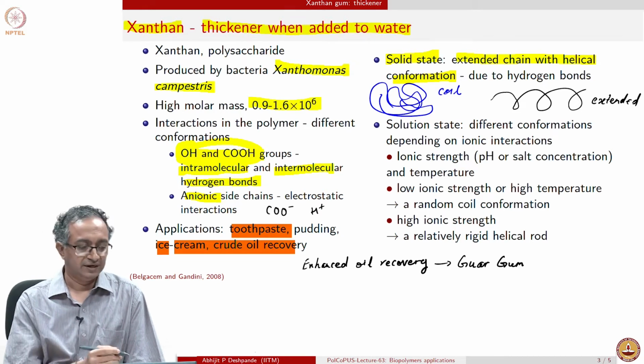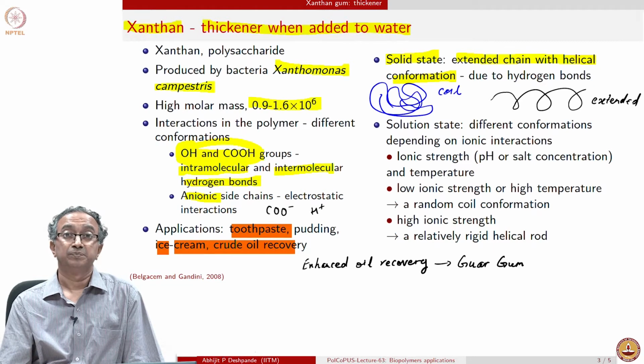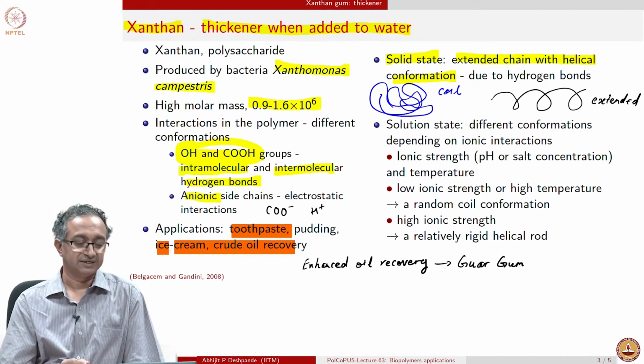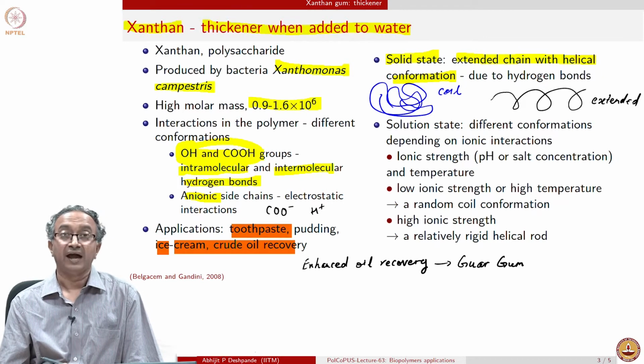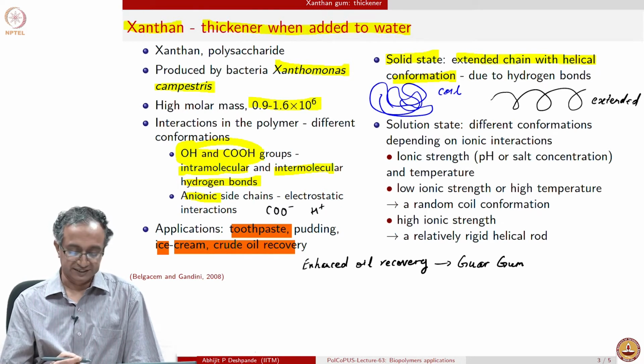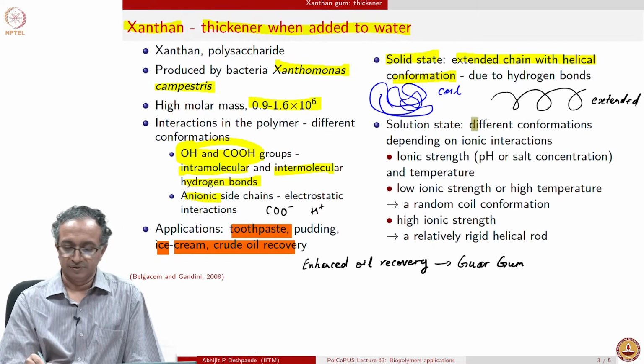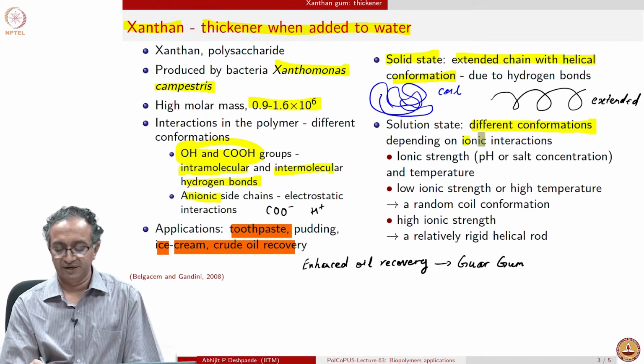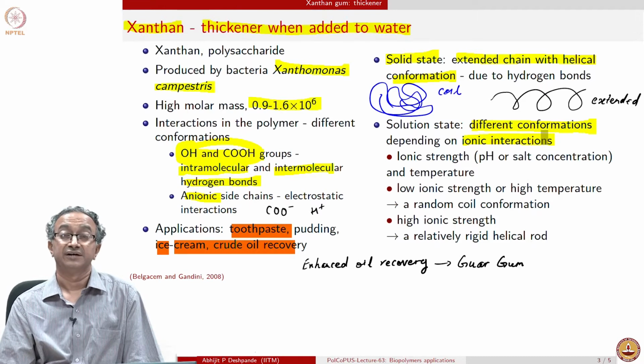Now, going ahead and looking at the property which is important from the point of view of application, the solution state of xanthan, interestingly here, depending on the conditions of the solution, different conformation states can be seen. So, the conformation changes depending on the ionic interactions.